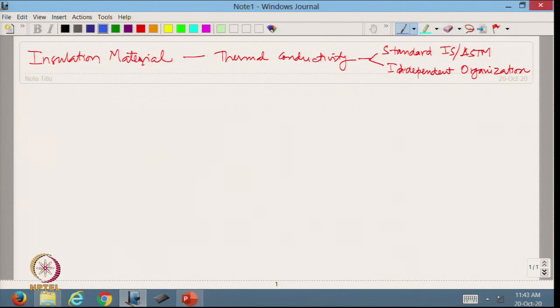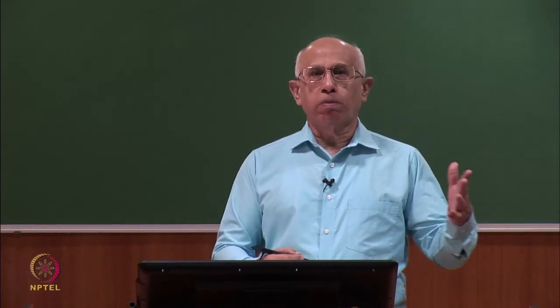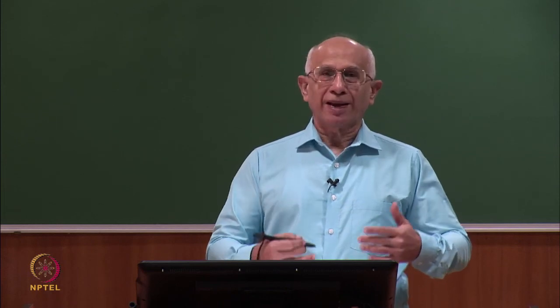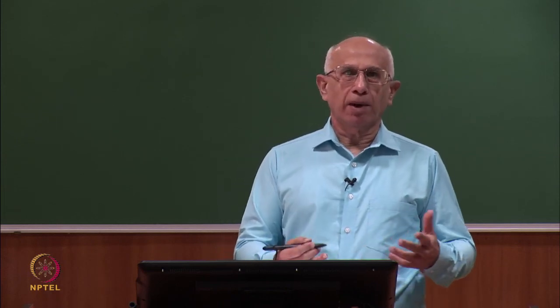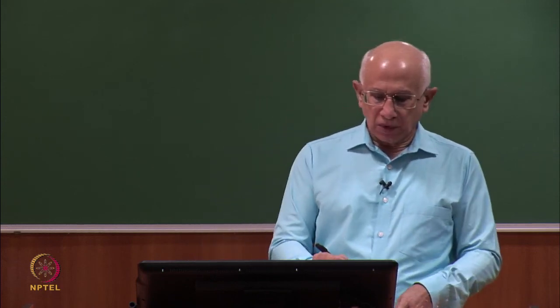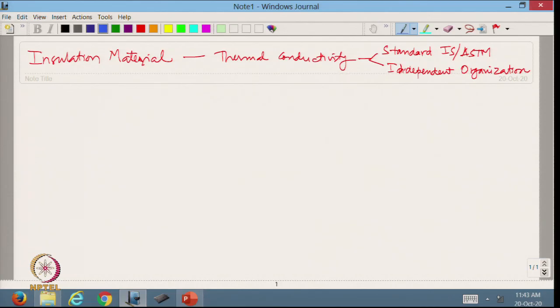Now, what options did this organization have? They may be just middlemen who buy the material from somebody and sell it to somebody else, or they could be someone who manufacture it themselves and then they market it and sell it.